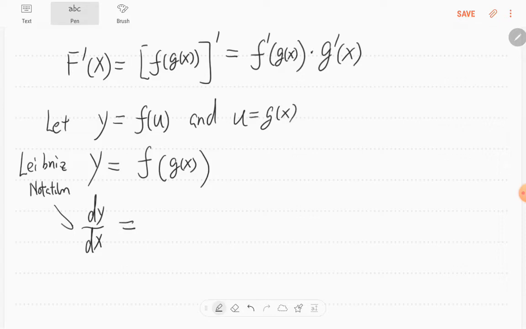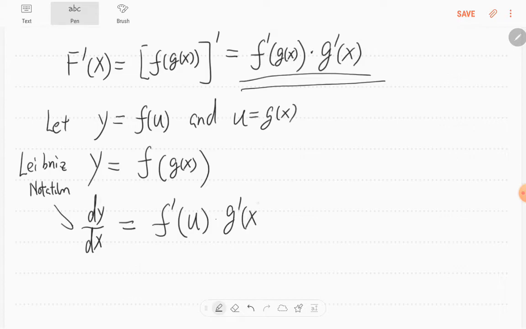Okay, so dy over dx means taking the derivative with respect to x of this composite function. From this result, we get f prime of g(x), which is f prime of u, times g prime of x.